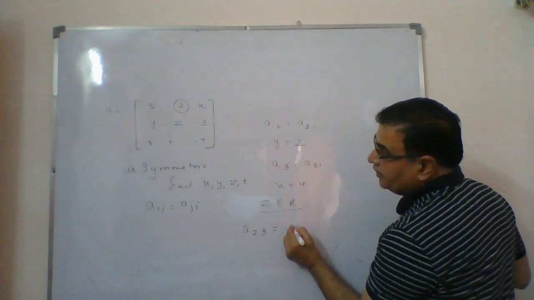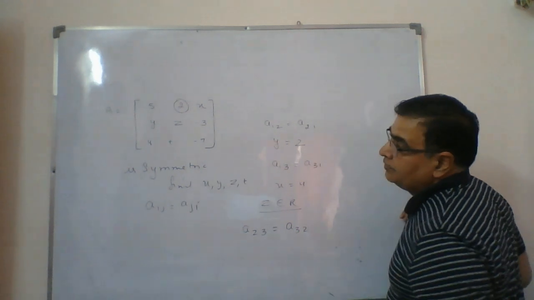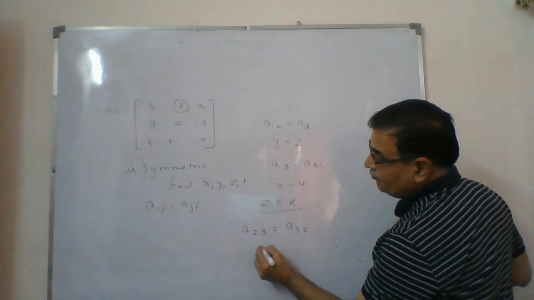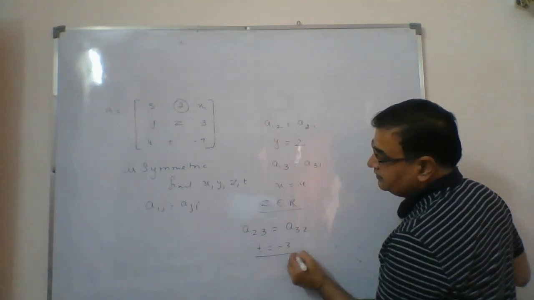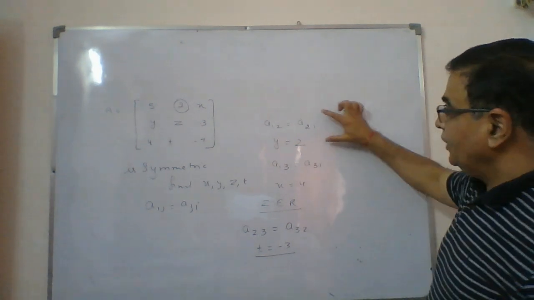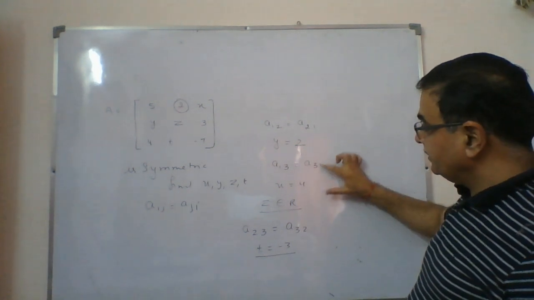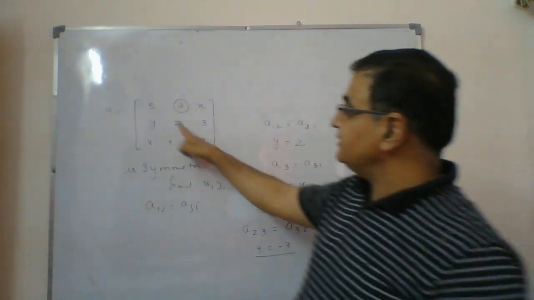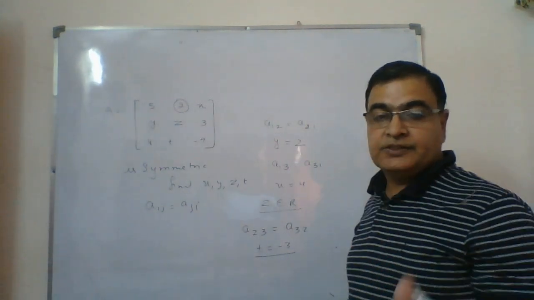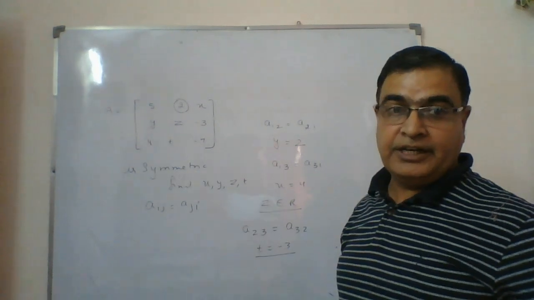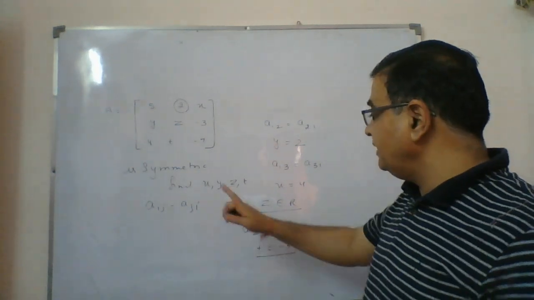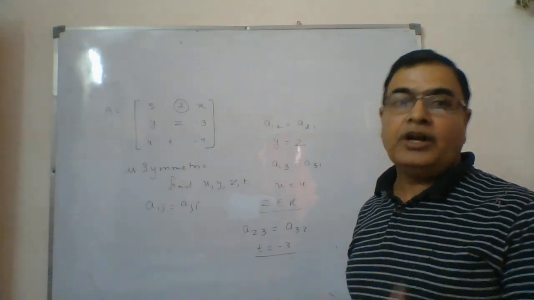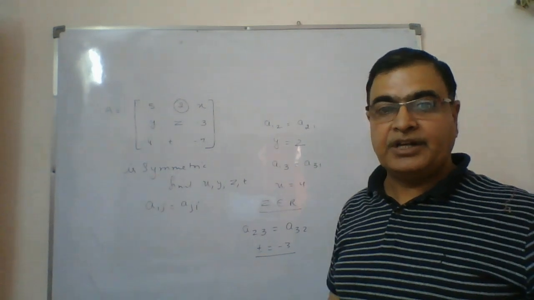A23 should be equal to A32. That means t will be equal to minus 3. So y is 2, x is 4, t is minus 3, and z, as it is a diagonal element, is not going to be compared with any other element. It can be any number.